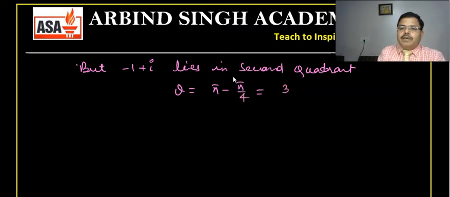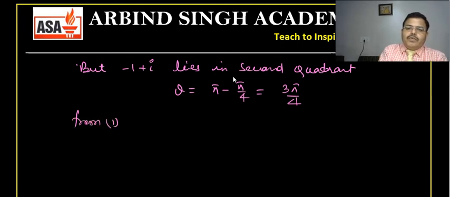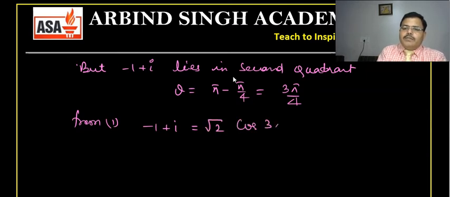So pi minus pi by 4, that is 3 pi by 4. So from first we can write minus 1 plus iota is equal to root 2 cos 3 pi by 4 plus iota sin 3 pi by 4, and that will be the answer of this question. I hope you got it.